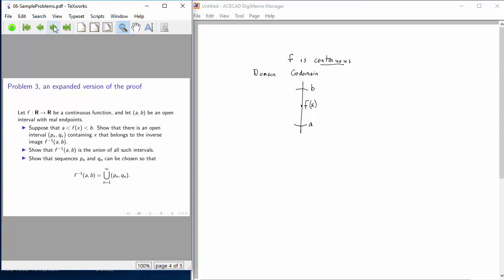And now the question is, what is the set in the domain that can lead to values in between A and B? And the remarkable answer is going to be that it is the union of a countable collection of open intervals, hence in the Borel sigma field.